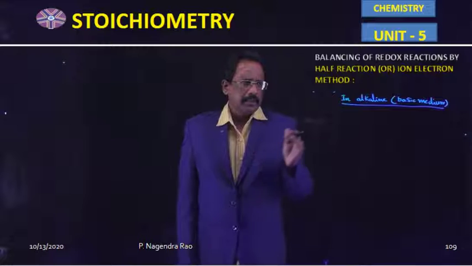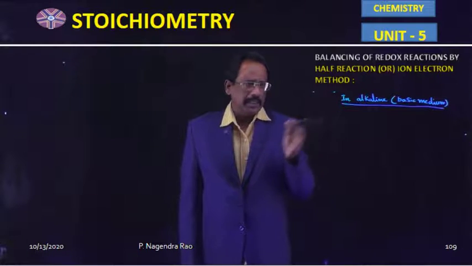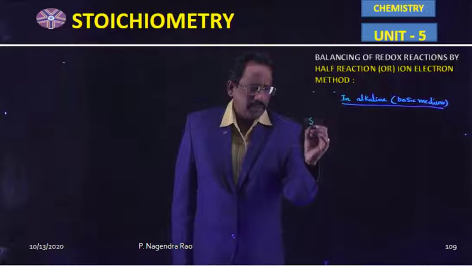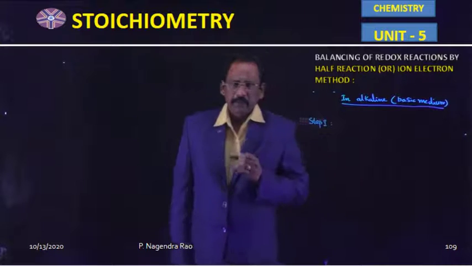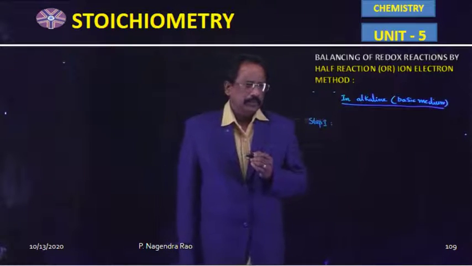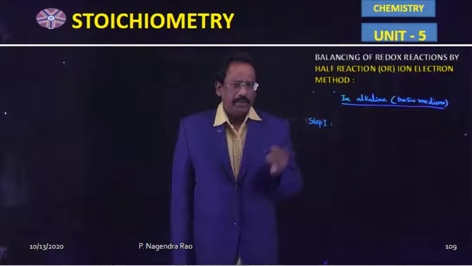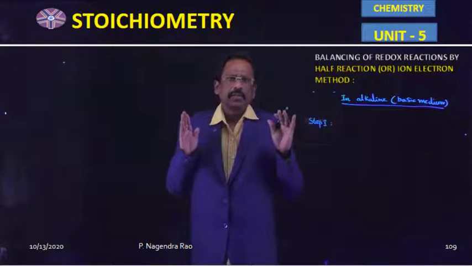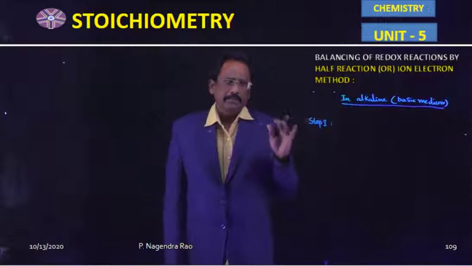And if the reaction takes place in basic or alkaline medium, the first step is, as in the last class for acidic medium, write the oxidation state of each element below its symbol.